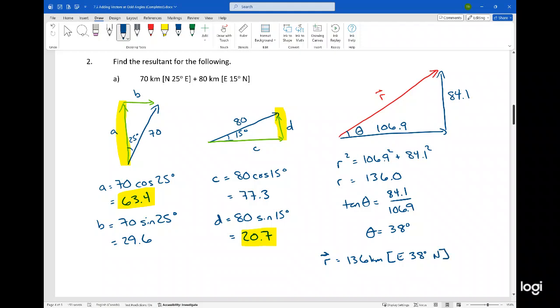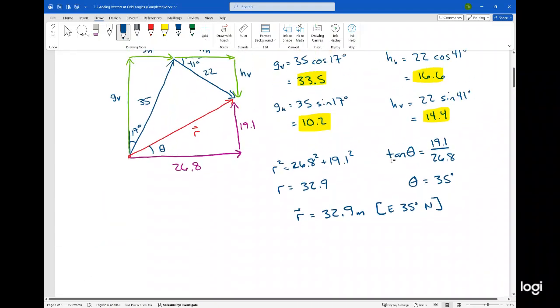Now, one advantage this method has over the last one is sometimes if our vectors, say for instance, they're both going east, but one's going a bit north and one's going a bit south, and it's really hard to judge whether it's more north or more south, your diagram can be really wonky if you try and draw them like we did in question 1 with them together. Like this one was pretty obvious.